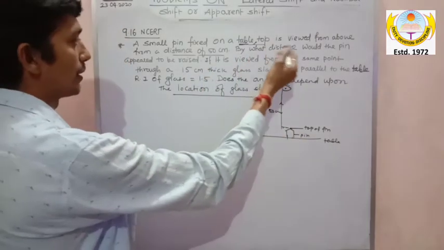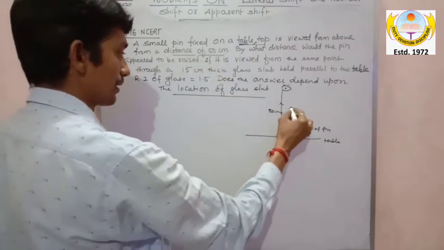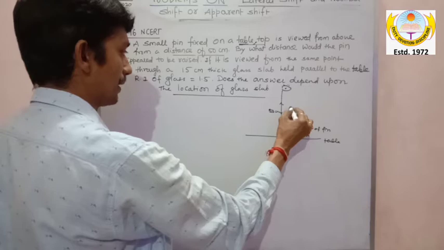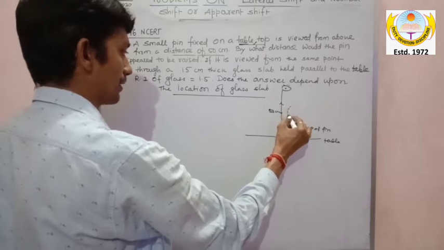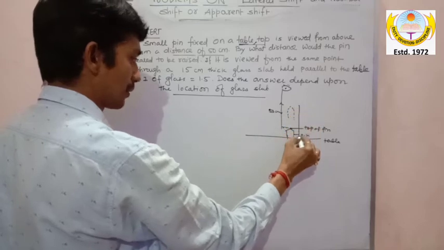Now the next, by what distance would the pin appear to be raised? Suppose this is the distance the pin appears to be raised. So this is the question he is asking.